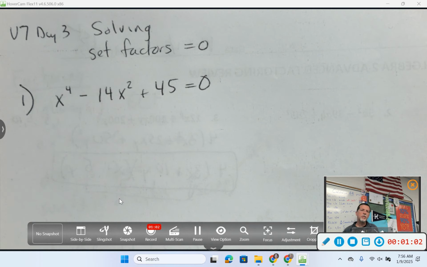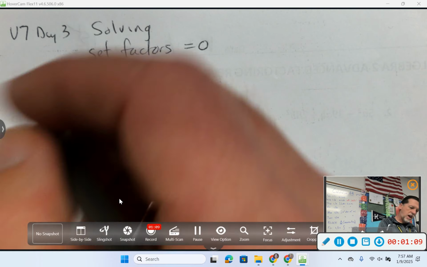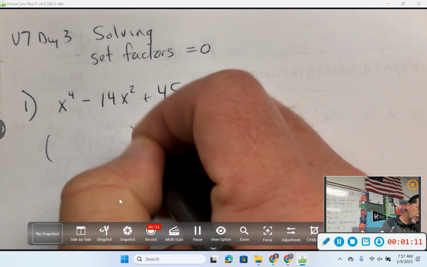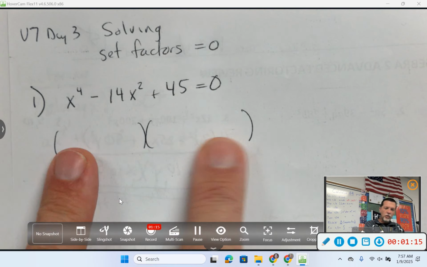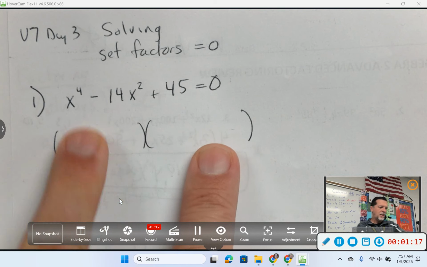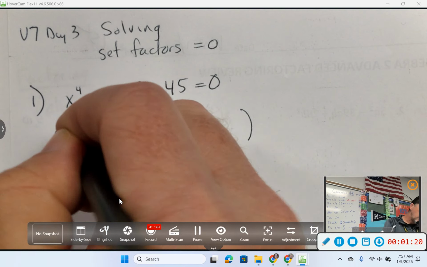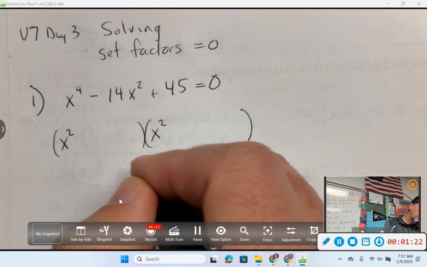Okay, x to the 4th minus 14x squared plus 45 equals 0. Well, a couple things I'm thinking. There's 3 terms, so that usually sets up like this. But x to the 4th means I need x squared and x squared.